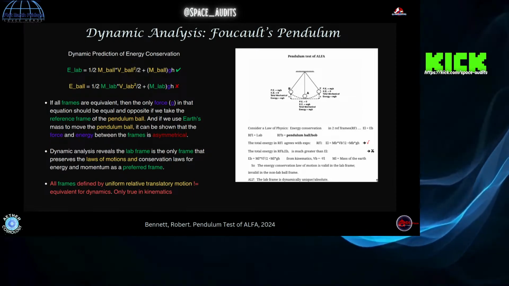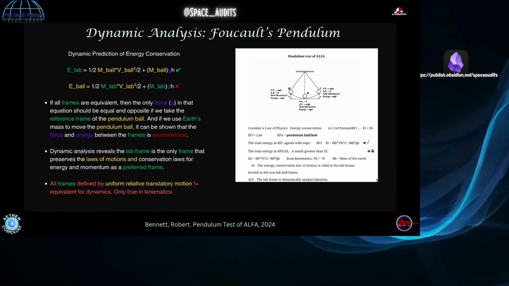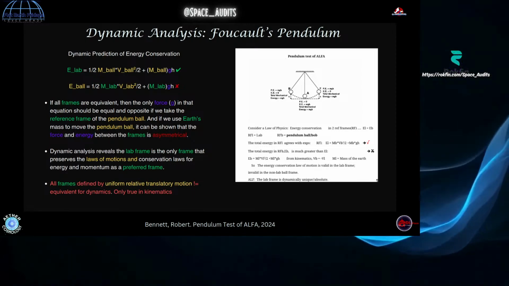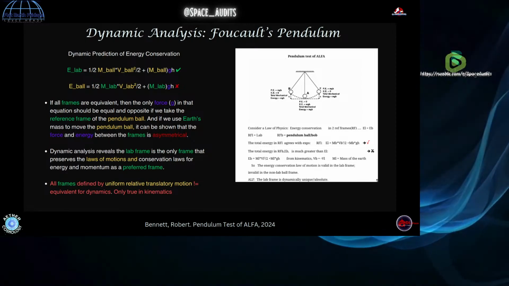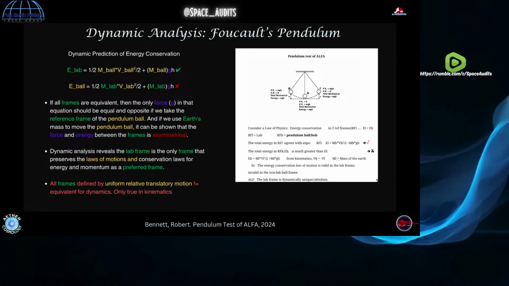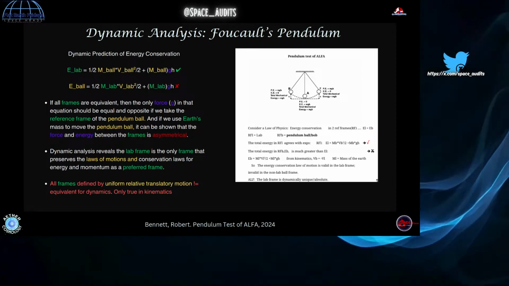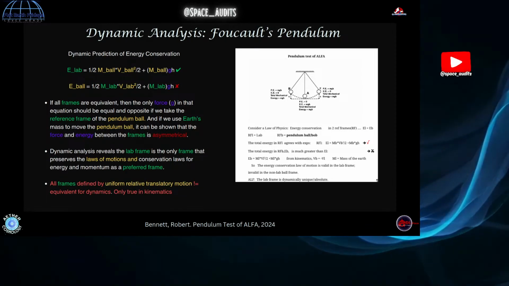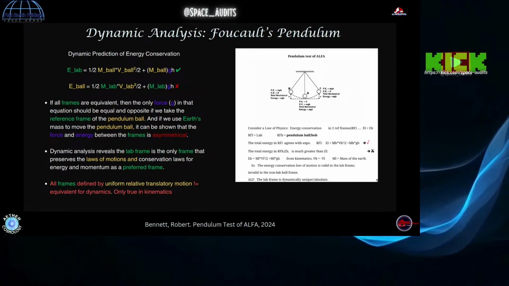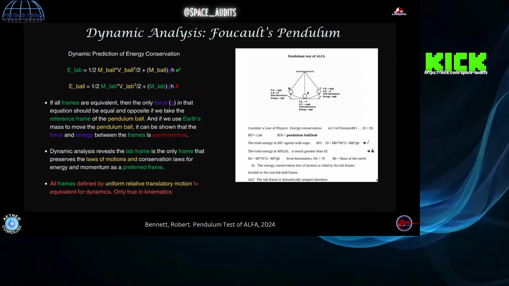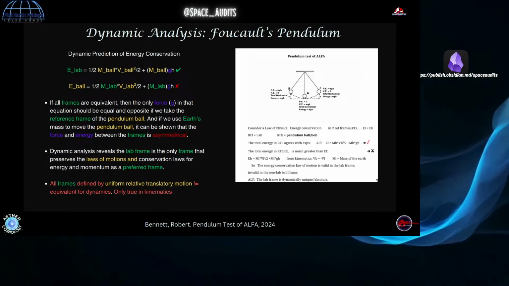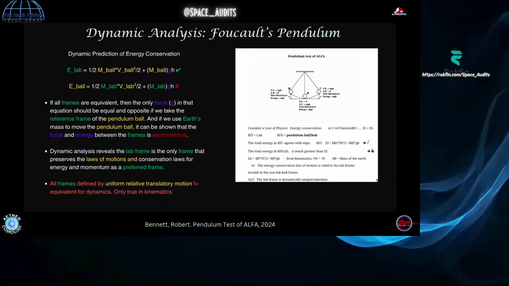And we could take the analysis where the Earth is doing the work to make the pendulum swing. And when you do that, using the mass of the Earth, basically the pendulum would swing off into space. It's not a valid way to look at it.